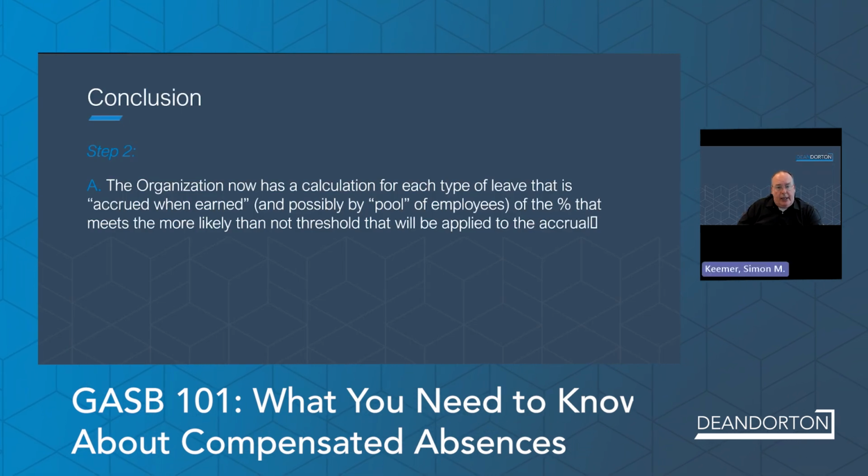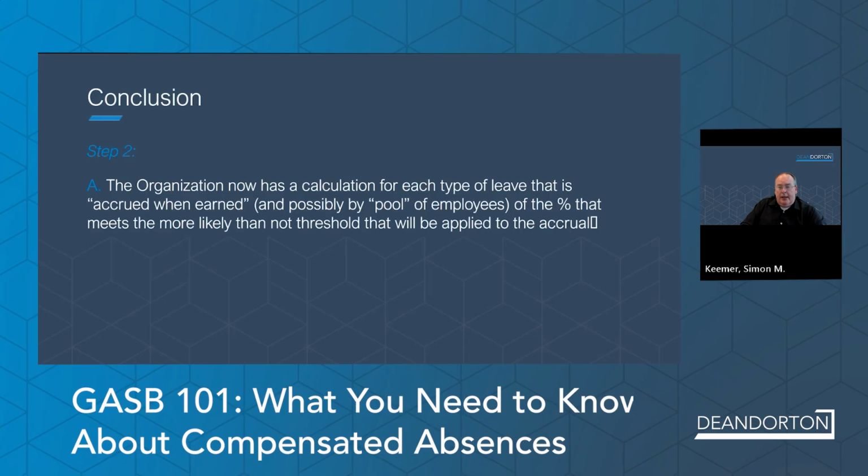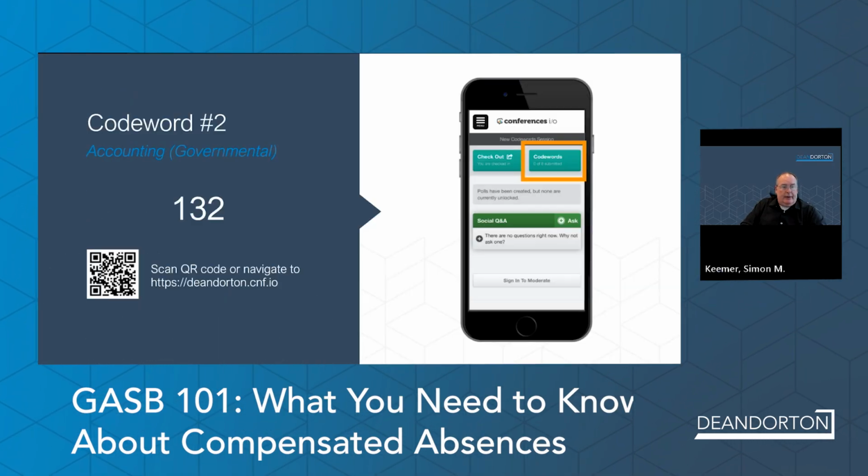So at the end of step 3, you've now got a calculation for each type of leave that is accrued when earned. It could also possibly be a calculation by pooling of employees of a percentage that meets the more likely than not threshold that is going to be applied to the accrual at your fiscal year end.